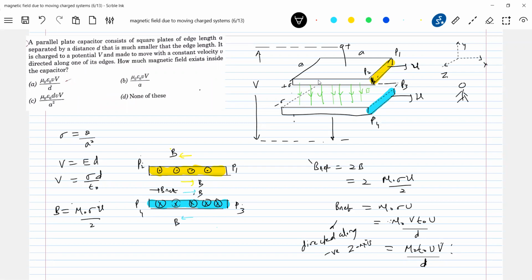When you go for work done, the magnetic field energy will also come, and electrostatic field energy will come. So you have to interlink all. In exams, you have to be very careful. What we are studying is capacitor individually, magnetism individually, but you can introduce both here. If the plates are brought to rest, of course, the magnetic field will vanish. As long as the plates are moving, the magnetic field will exist here.